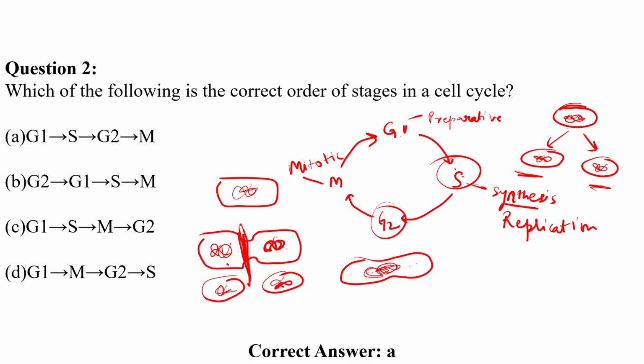Then we enter the synthesis phase where the DNA replication occurs. Then the cell enters the G2 phase where again it prepares itself for the M phase, and in the M phase mitosis happens where the cell divides into two different daughter cells. Okay, so this is how the cycle goes: G1 to S to G2 to M.